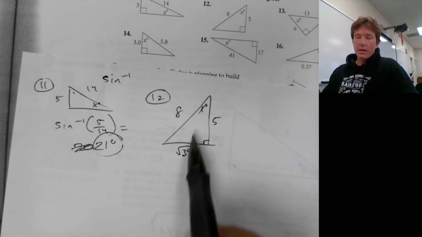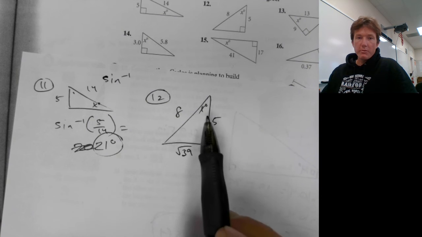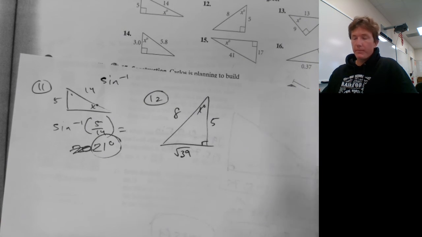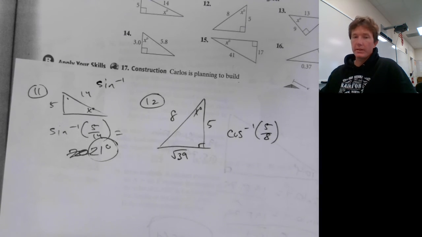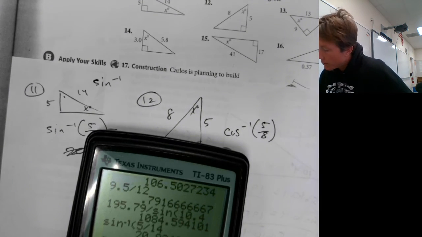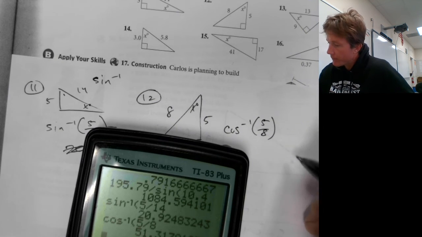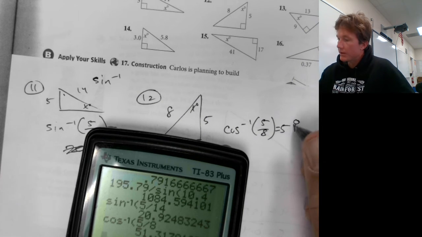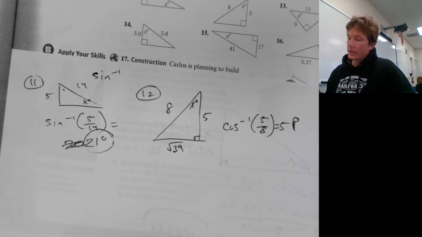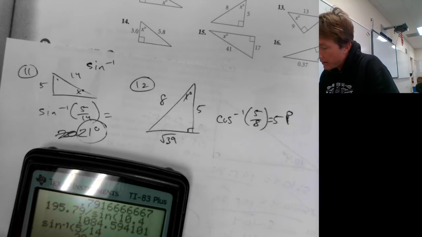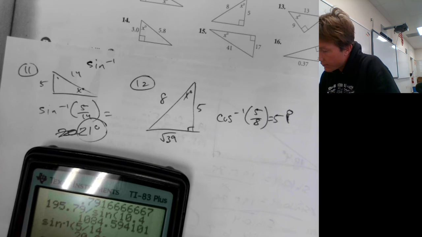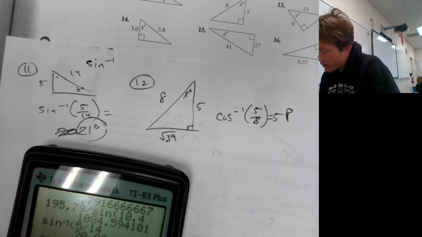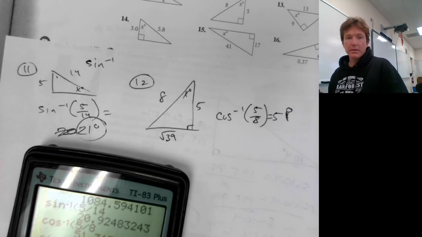So I could actually use inverse sine for this one. It would be inverse sine of root 39 over 8. Or I could just use inverse cosine of 5 over 8 to get this one. So do inverse cosine of 5 over 8 equals 51 degrees. And if I had gone the other route, inverse sine of root 39 over 8, same answer.